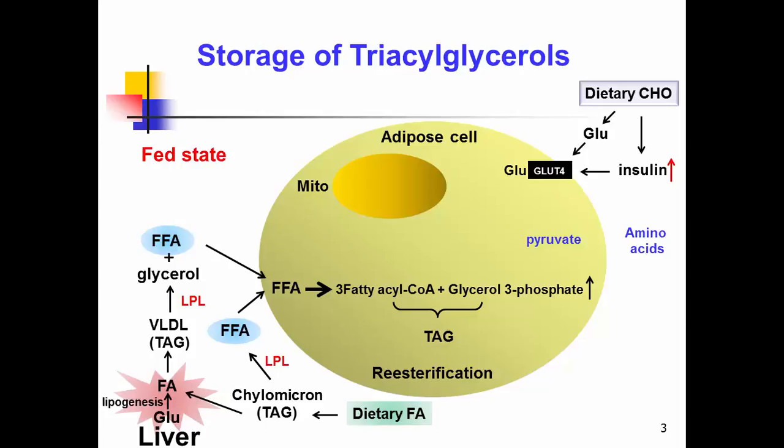So once glucose enters the fat cells, it goes to the glycolytic pathway to make the glycerol backbone, glycerol 3-phosphate. So this pathway is a major pathway for glycerol 3-phosphate synthesis in the fat cells.